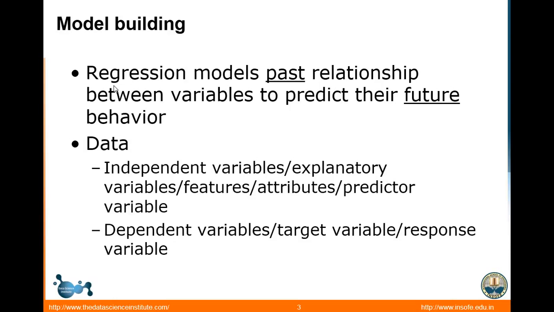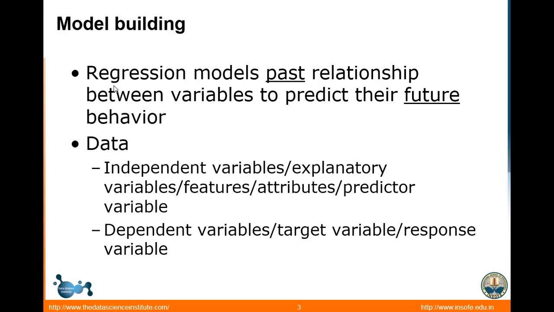So in this case, we are studying the behavior of sales in the past, and we are going to predict based on the past behavior what is the quantity of items that have to be manufactured. That is one problem that can be solved using regression analysis.